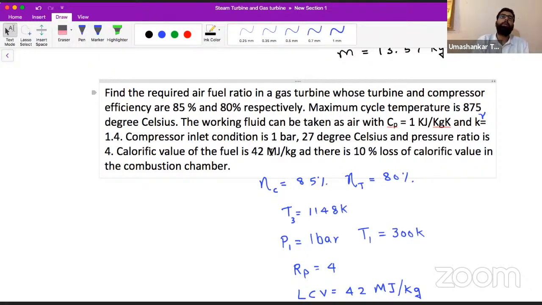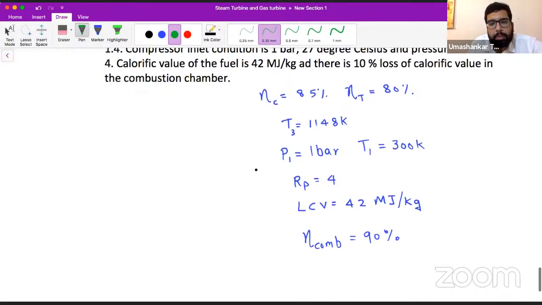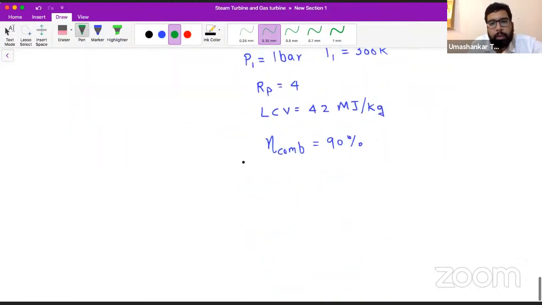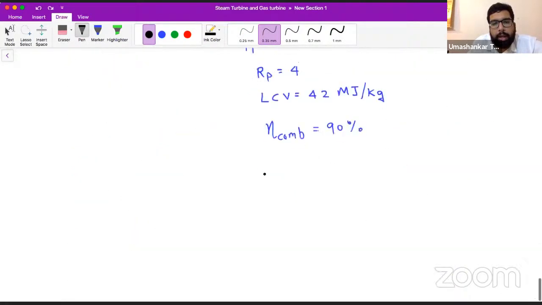So we are going to use the exact solution in which we have considered that Cp, Cv, gamma are not changing, and we have followed the air standard assumption. Got my point or not?